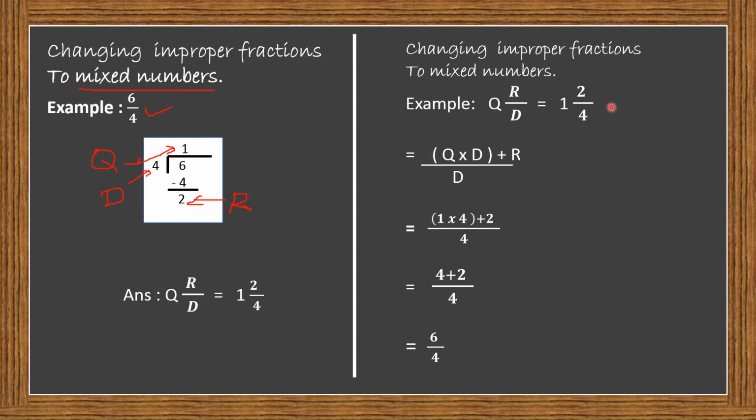And when we are converting mixed numbers to an improper fraction, we are multiplying these two numbers and adding the numerator to it. In the simpler way, it is 4 multiplied by 1 plus 2 upon 4. We will do more examples, then it will be easy for you. Now students, remember one thing, you have to practice it daily so that you will be familiar with such types of operations because you have not done it earlier. Okay, so let's take one more example to do it.